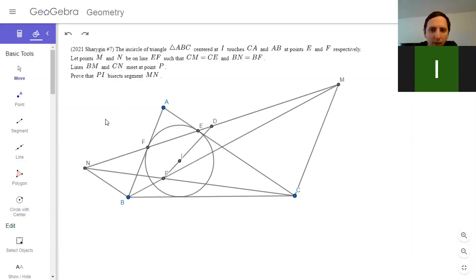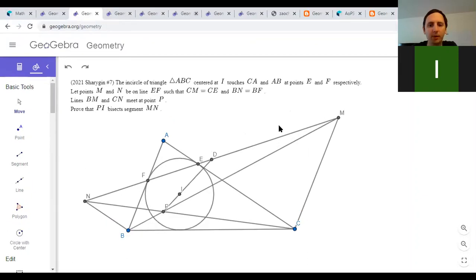Yeah, I wonder. Let me check Discord just to see, because usually there's more people on at this time. Problem: PI bisects MN.